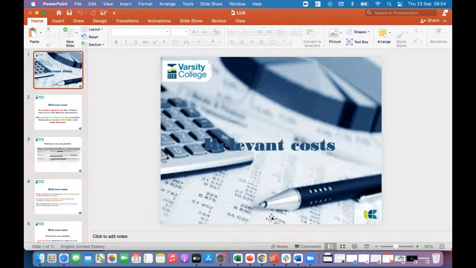You want learning unit 5. Yeah, learning unit 5 is relevant costing. And like I said, I'm just going to quickly browse through it. I don't want us to spend too much time here on the slides because you guys have access to this. But I just want to browse through it so that we get a feel for what it is that we are actually going to be going through.